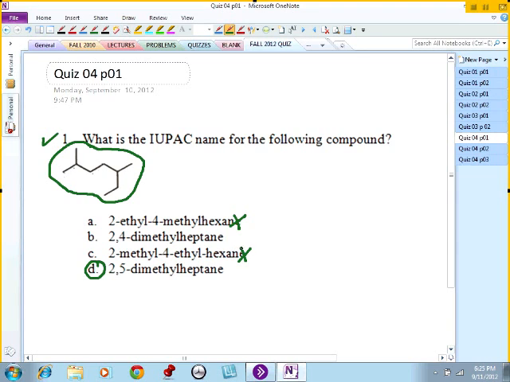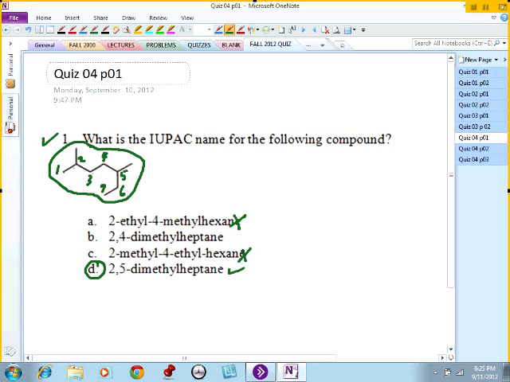If it's going to be heptane, the choices will be between B and D. Then if you take a look at the numbering, this is carbon 1, 2, 3, 4, 5, 6, and 7, and the substituents are in positions 2 and 5. That is why the correct answer is D.